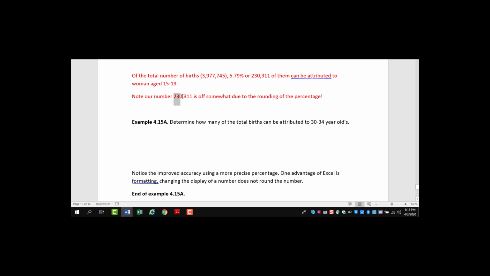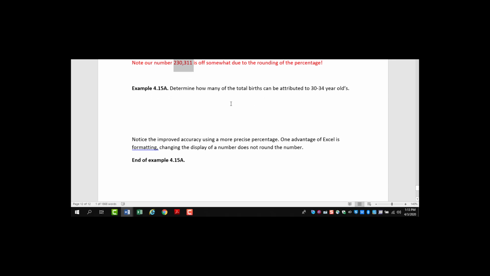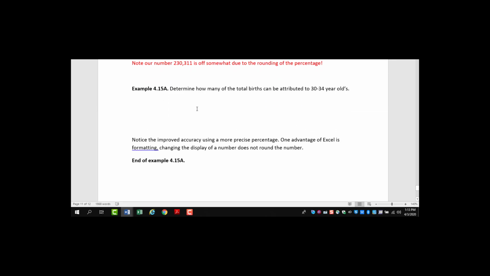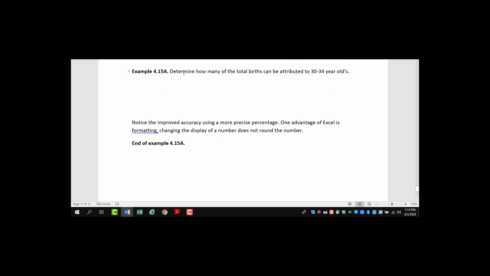Note our number is off somewhat due to the rounding of the percentage. That's why you're going to see in this case here, this is the one we're going to do, that percentage was made extremely accurate. So it says determine how many of the total births can be attributed to 30 to 34-year-olds.